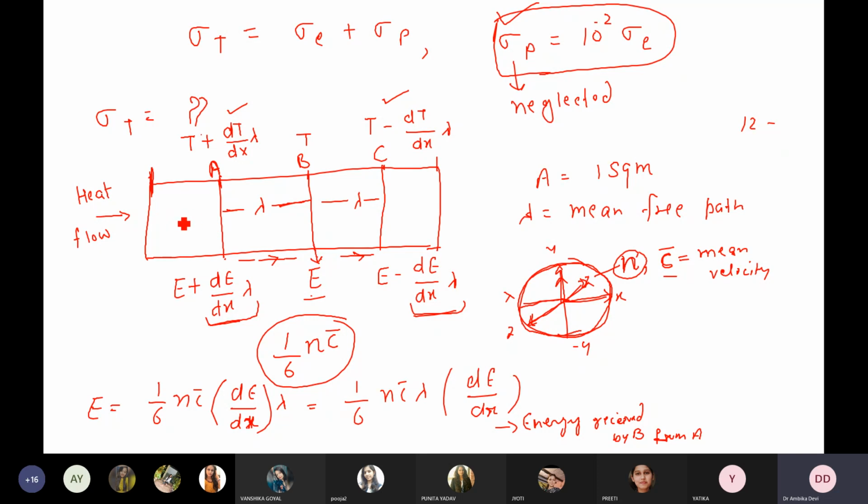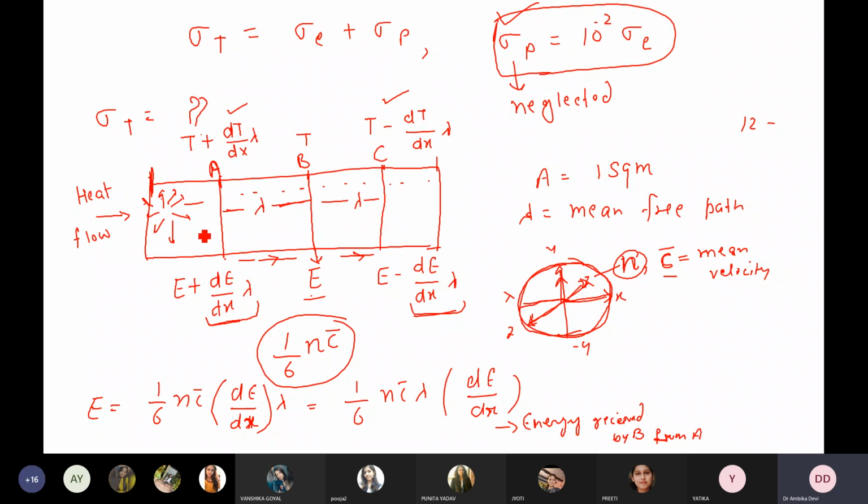Here the electrons are being accelerated because of the temperature increase, and we are supposing that all the electrons are moving in this direction. Okay, but if you see the actual scenario, the movement of the electrons is very random. The electron may go here, it may go here, it may go like this or like this or like this.